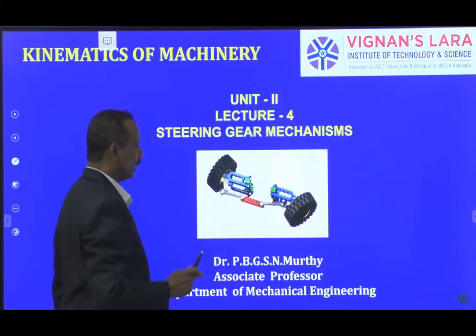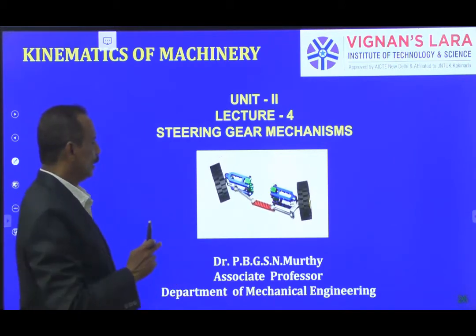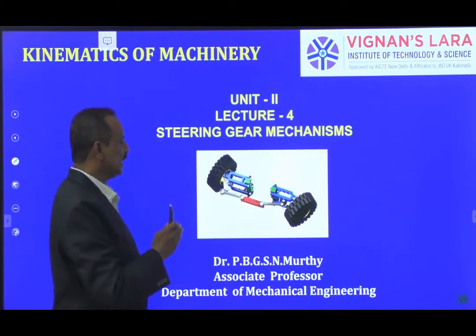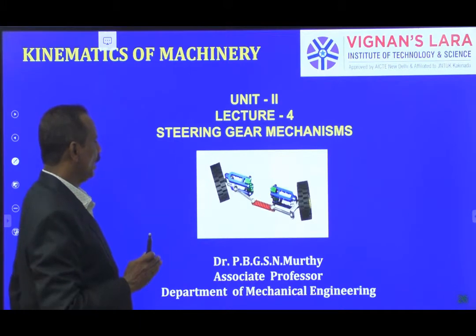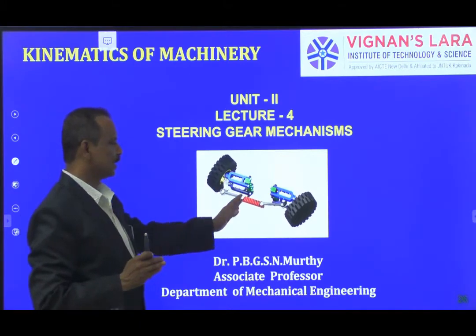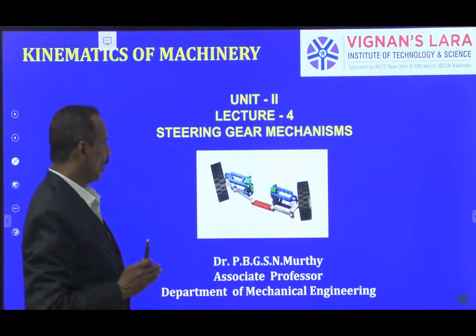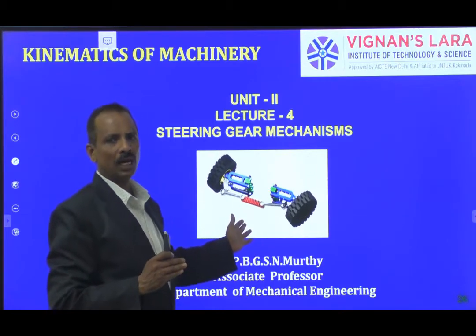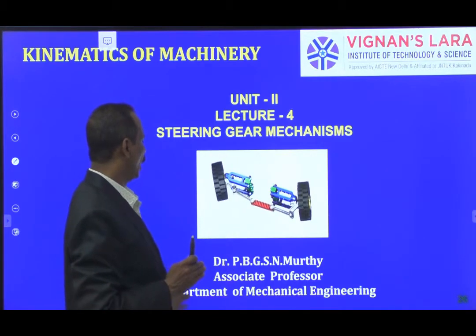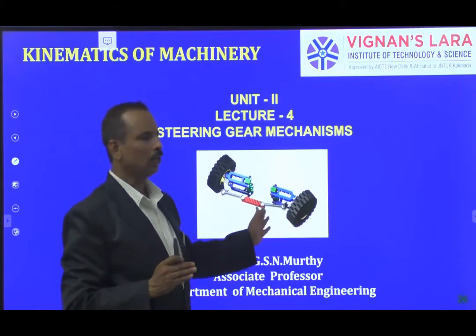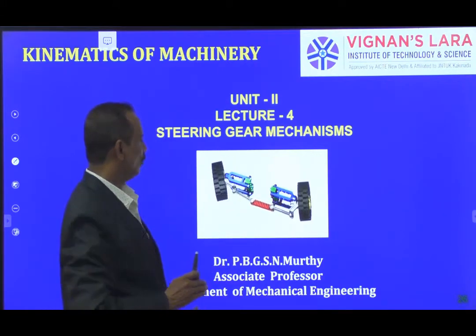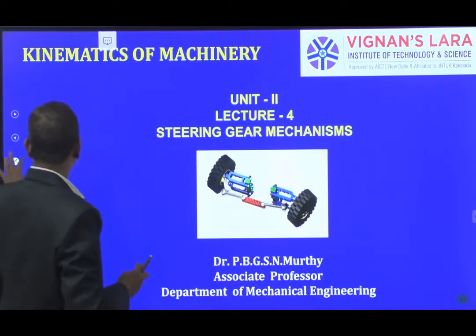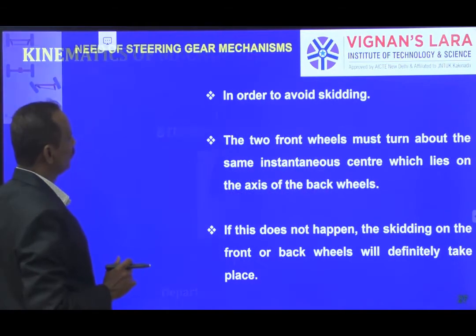Okay, they are moving as per the control of the steering mechanism. Okay, so to get such a steering, how we can give the input motion and how we can control the wheels, that we will see in further discussion.